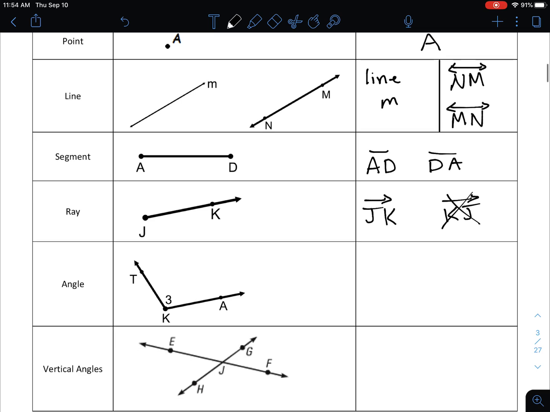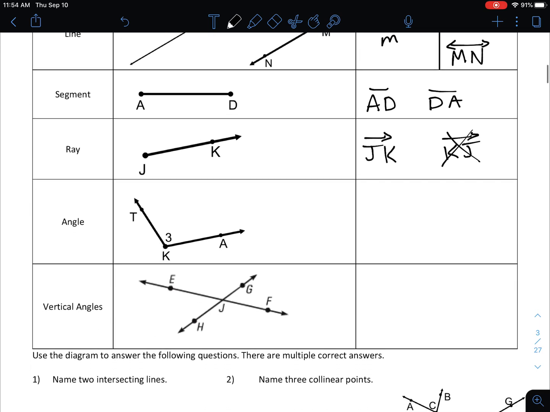All right. Our next vocab term is the angle. When you're looking at an angle, there's actually a few different ways that you can name that. The first is if there's a number, you can name it by that number, and we could call that angle 3. The next, as long as it's not too ambiguous, is that we can also name it by the letter right at its vertex.